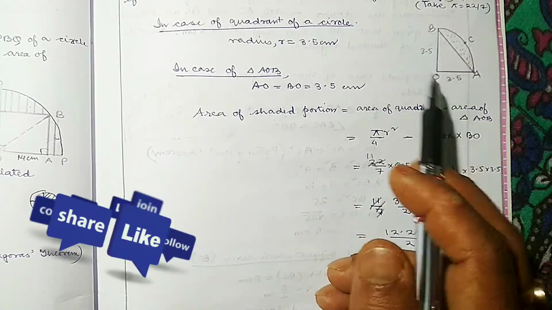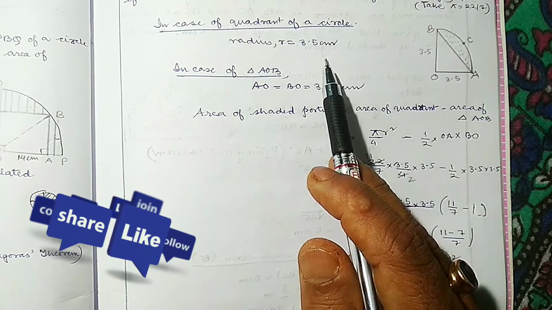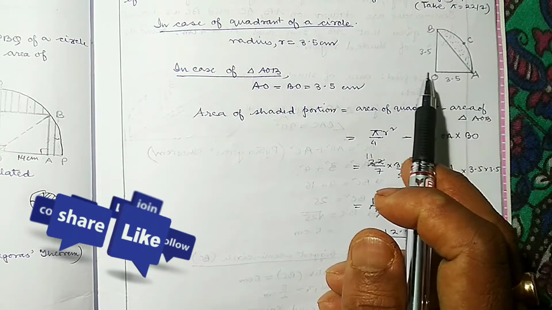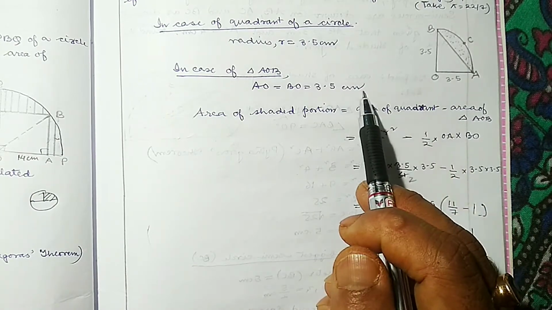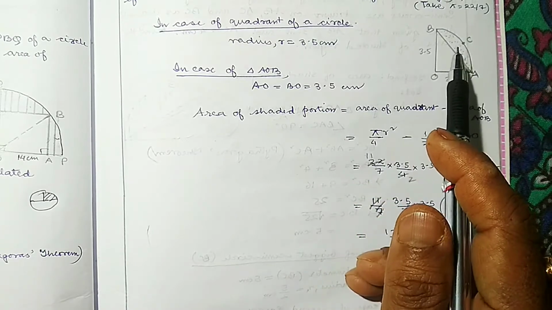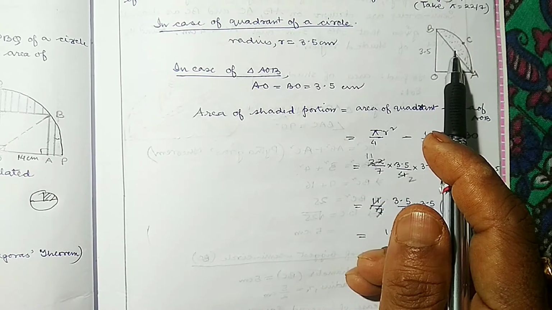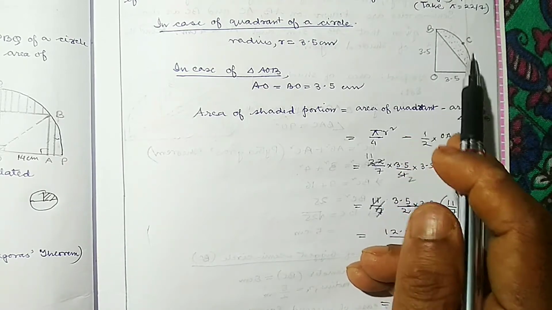Now in case of quadrant of circle, here radius is given as 3.5 centimeter. And in case of triangle AOB, here AO equals BO equals 3.5 centimeter. Now we have to find the area of the shaded region. For this we are going to subtract area of the triangle from the area of the quadrant.